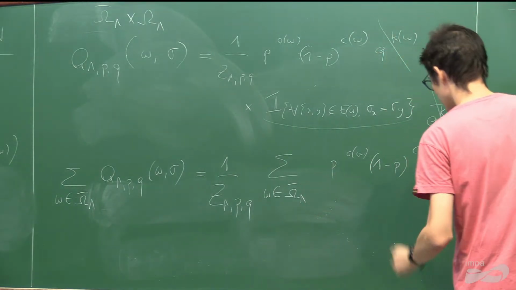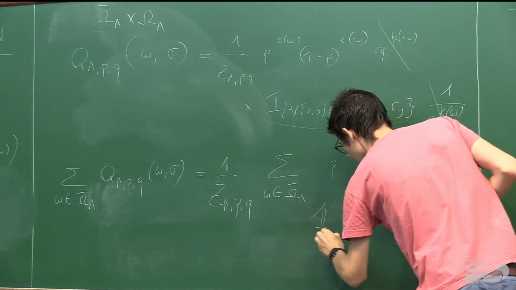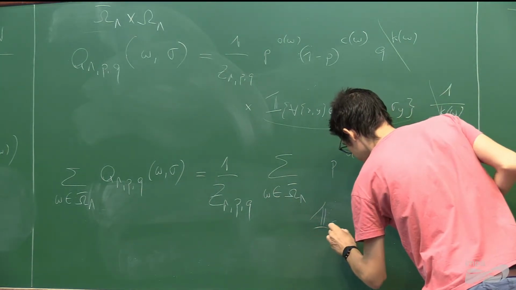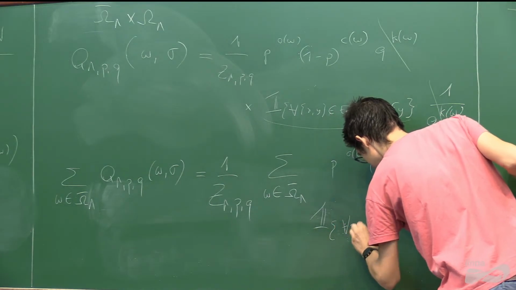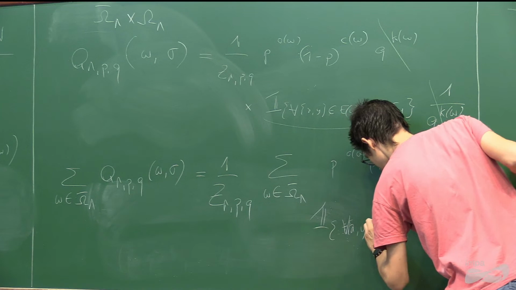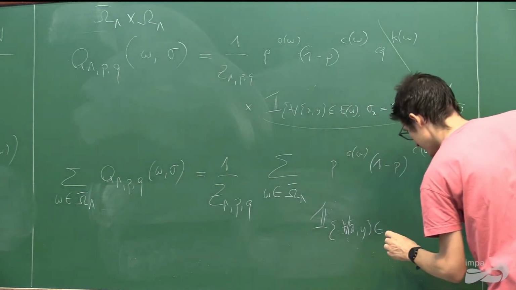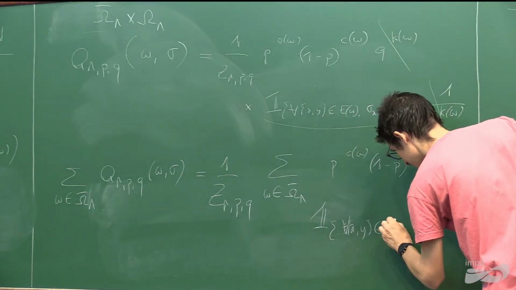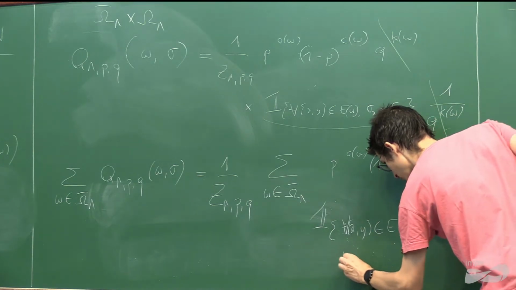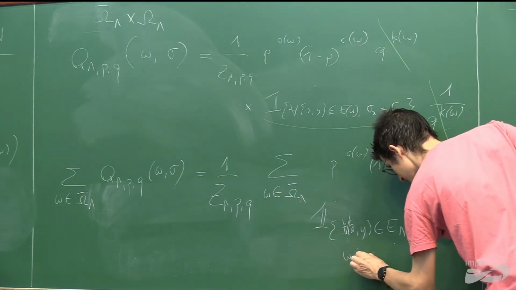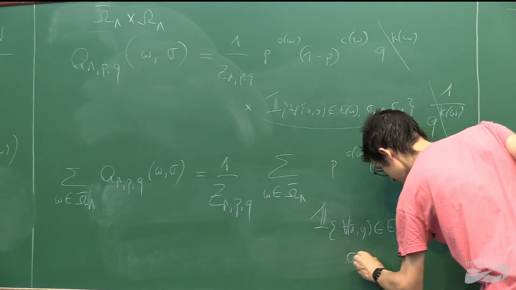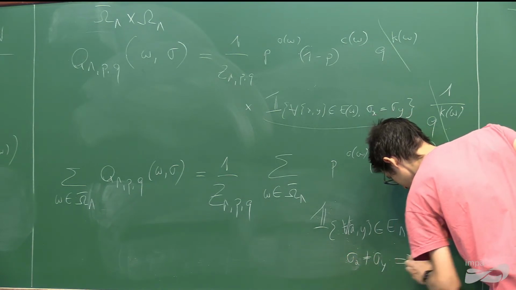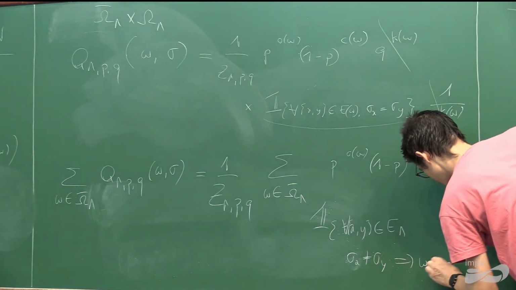So here, for all x, y in E lambda, omega E: sigma x different from sigma y implies omega E equals 0.